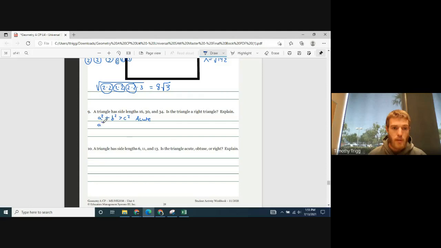If a squared plus b squared is less than c squared, then it's obtuse. In other words, the c squared is longer. The c squared is more than these two added together. And if it's equal, then it's a right triangle.